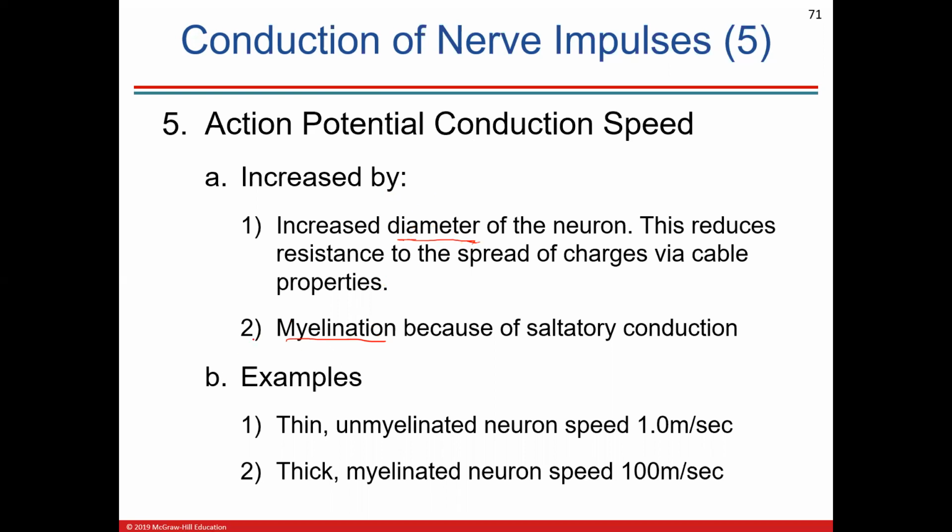Also, another one is temperature. And of course, that needs to be homeostatic at 37 degrees Celsius. So temperature is also another factor that could speed up or slow down the conduction along an axon.